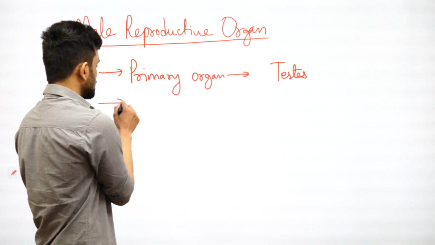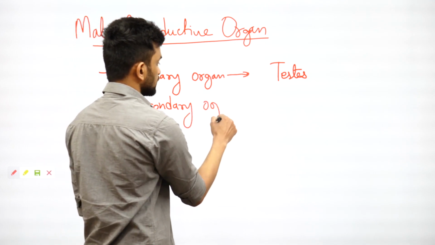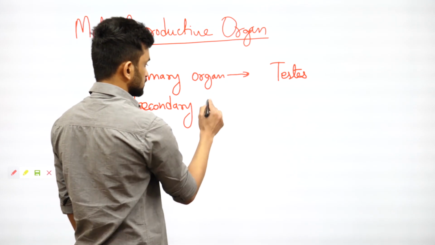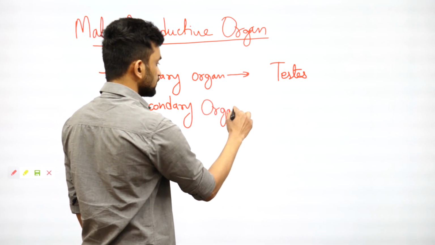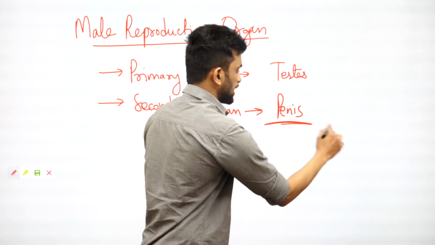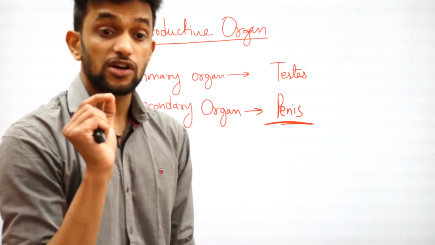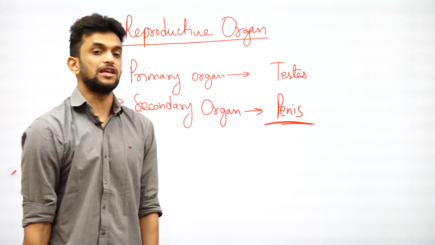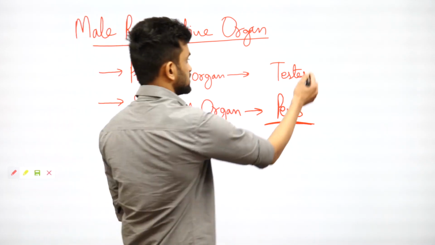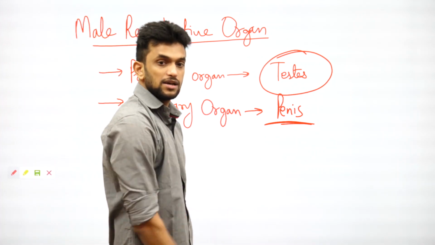What is the secondary organ? The secondary organ is the penis. Penis is not the primary organ. It just helps in transfer of male gametes into the female. It is not the primary sexual organ. What's the primary sexual organ? Testis is the primary sexual organ, and the secondary organ is the penis.